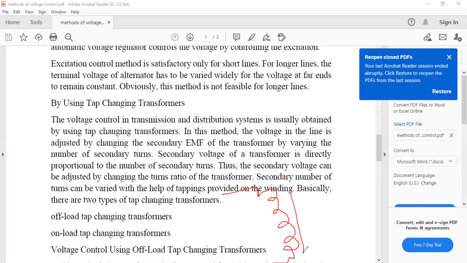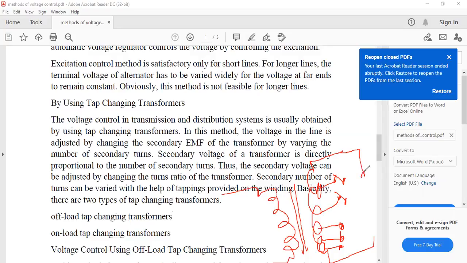But when it comes to the secondary, many tappings are available. Wherever you want to connect, these are called tappings. Due to this feature, it is called a tap changing transformer.